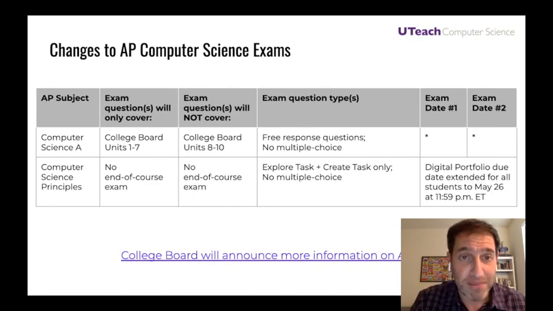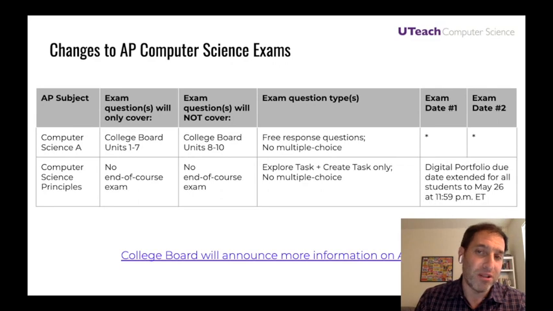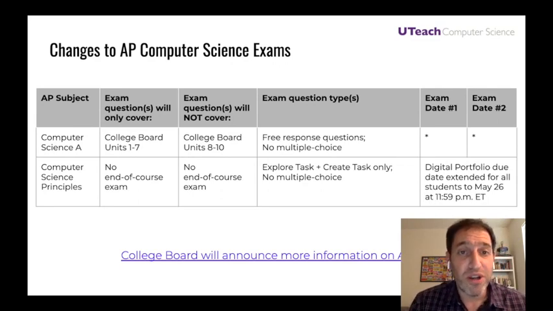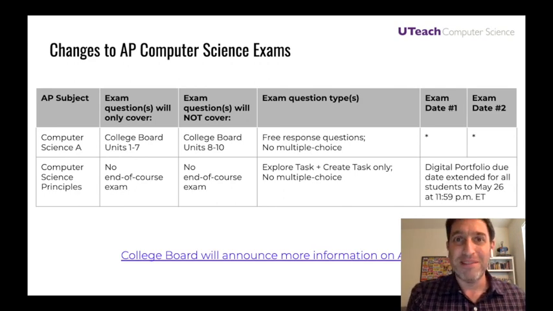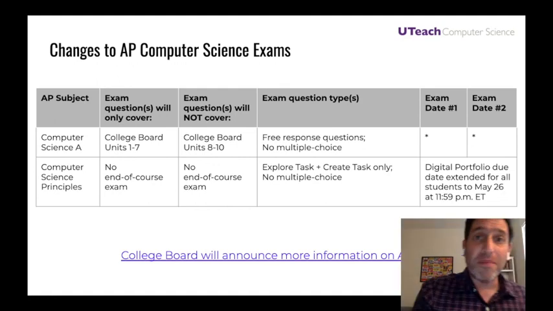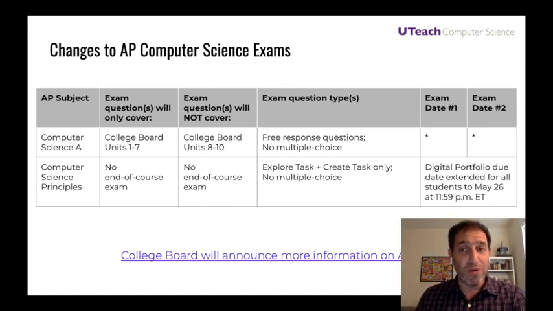And their exam is going to cover units 1 through 7 of College Board materials, not units 8 through 10. And the kids are just going to do free response questions remotely for the exam. So I just wanted to let you know, so do not get confused with computer science principles, if that's what you're interested in.